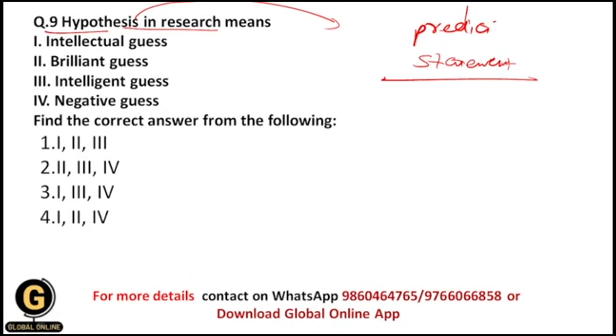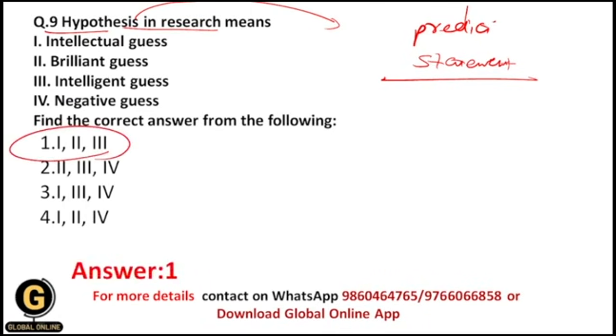It includes a clear definition about the proper relationship between the variables. That's why hypothesis is an intellectual guess, a brilliant guess, and an intelligent guess, all of these. So your correct answer should be 1, that is 1, 2 and 3.